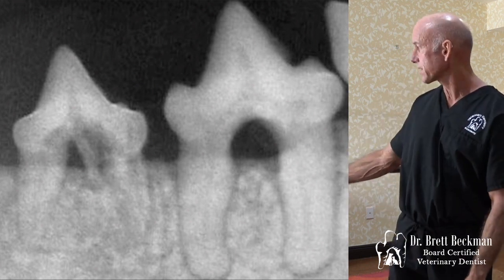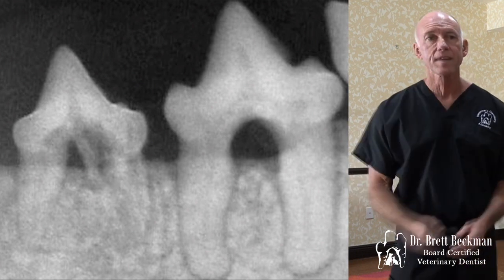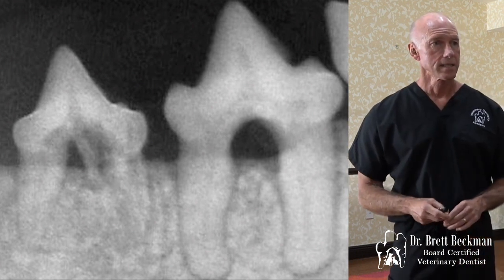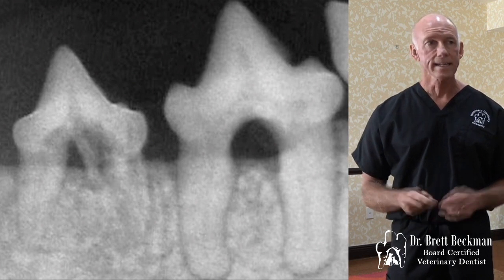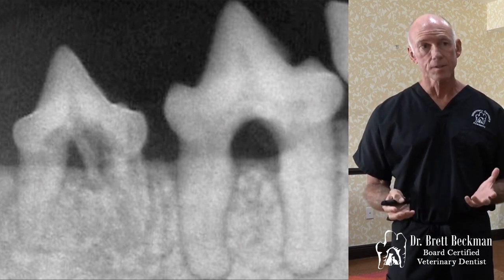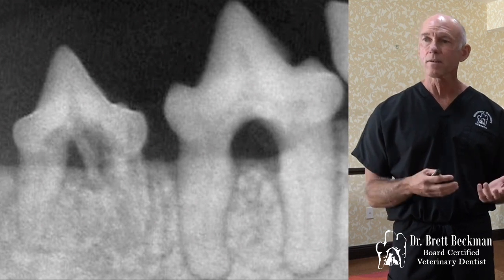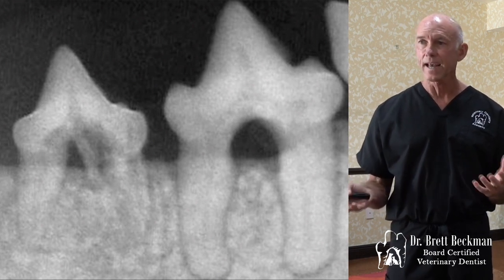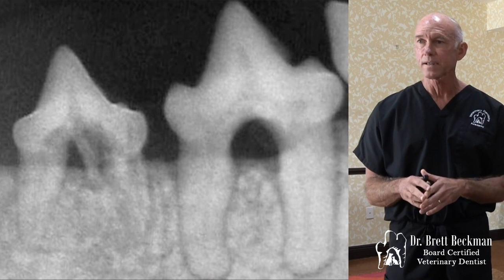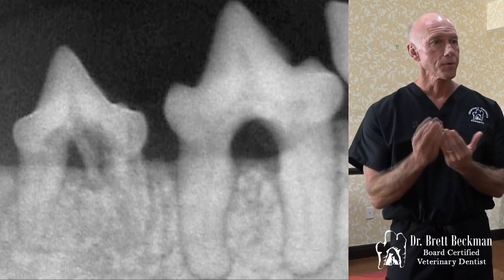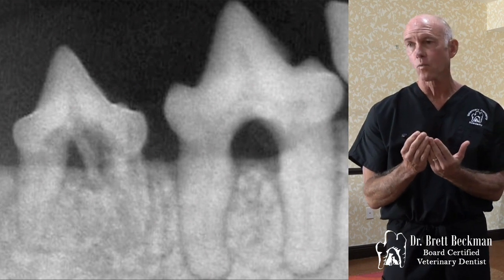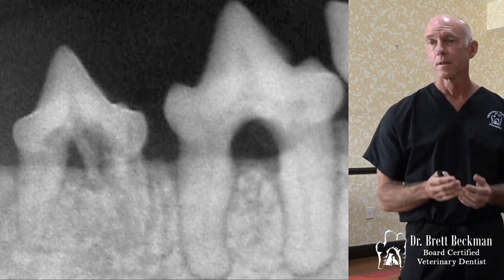And so does anything that's down in here where we've got that lucency in the root and extending into the furcation. So again, there's going to be granulation tissue in there. We're not just going to take the crown and leave all that stuff and suture the gum over the top of it, because that's going to cause inflammation, and it's going to come through the gum again. It's going to look worse than it did to begin with.